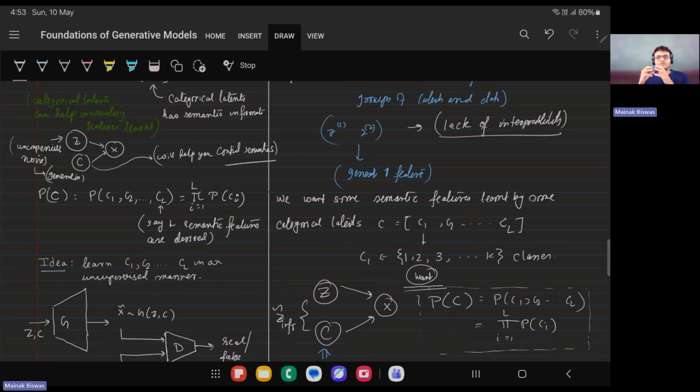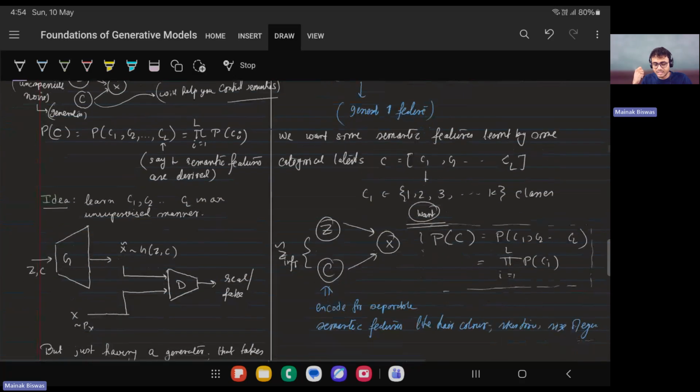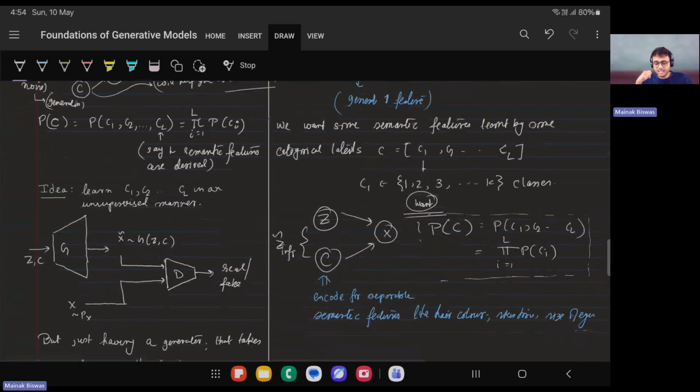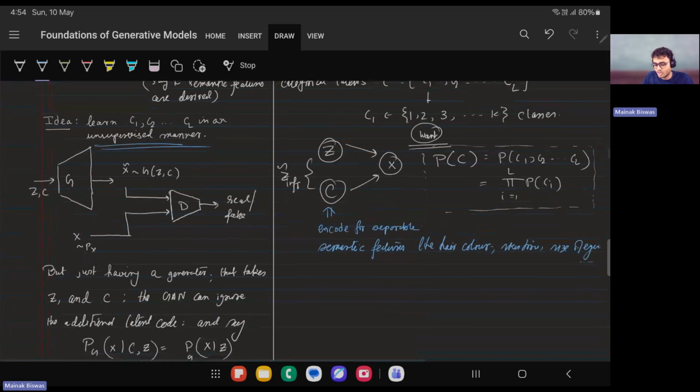So one of them could say where the image or the type of image I'm trying to generate, and C could tell me that now for the same image, please rotate the image. These types of things which have control, we want to encode in C. But how will we encode it in C? We'll do it in an unsupervised manner. And how I will do it is what I'll show you now.